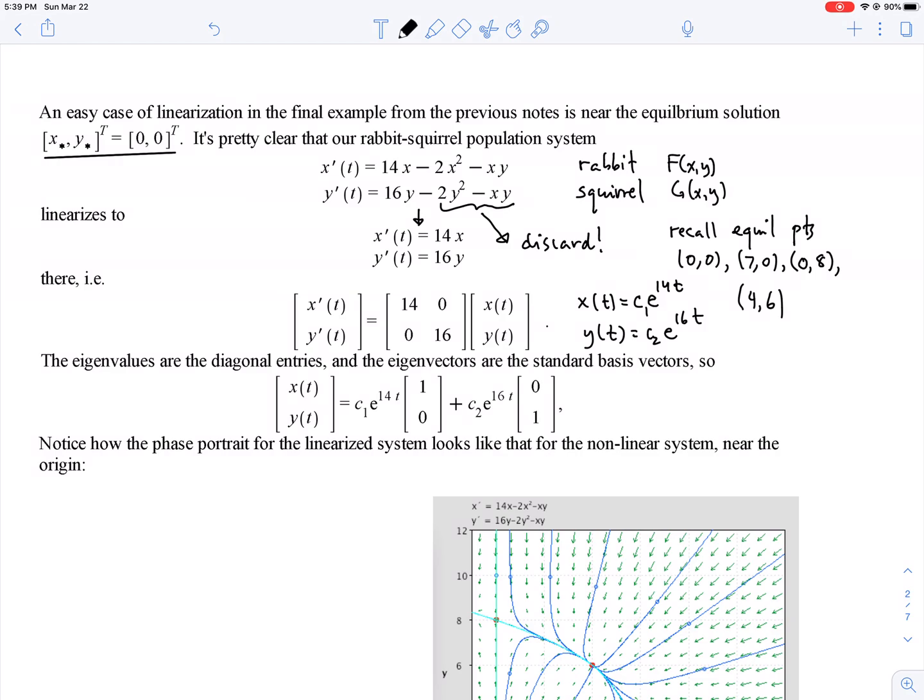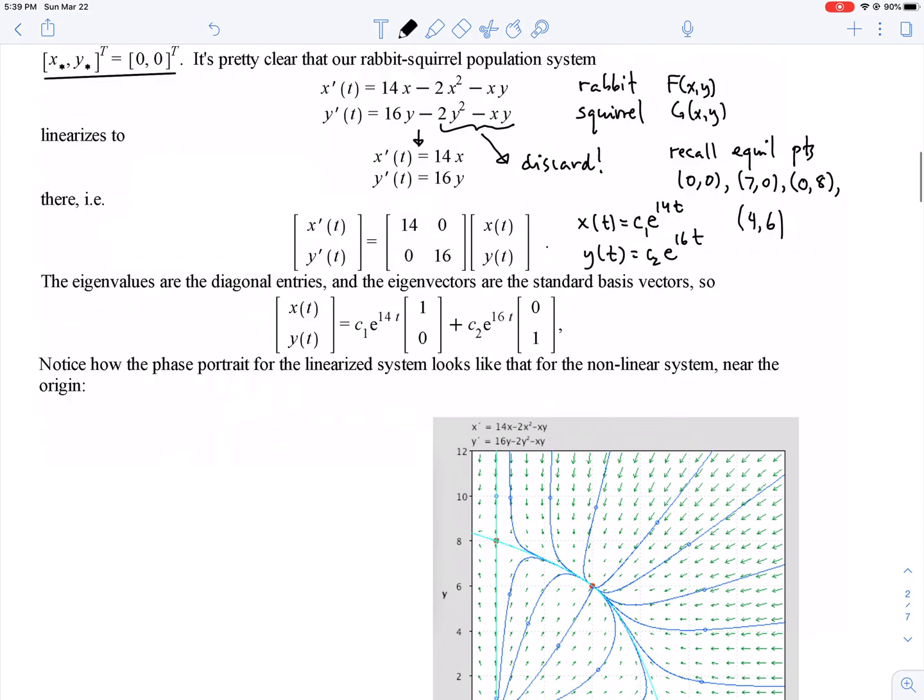And in terms of our eigenvalue, eigenvector analysis, the eigenvalues of this diagonal matrix are 14 and 16, and the eigenvectors are 1, 0, and 0, 1. So we could have also written the solution in the second form, which you'll see is the same as I wrote it there.